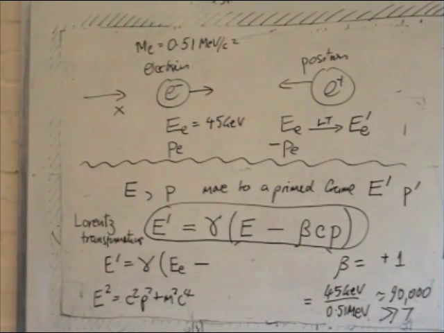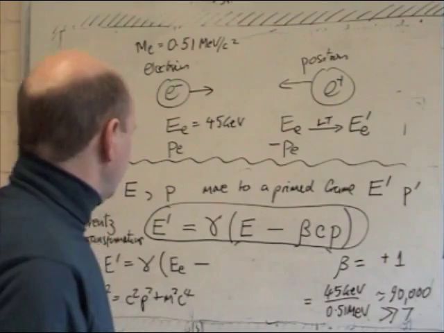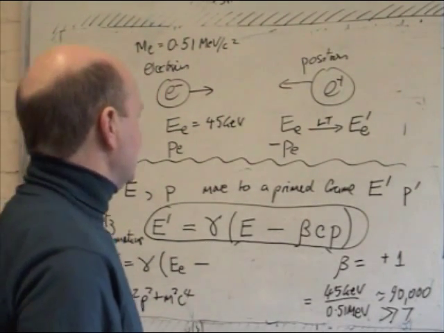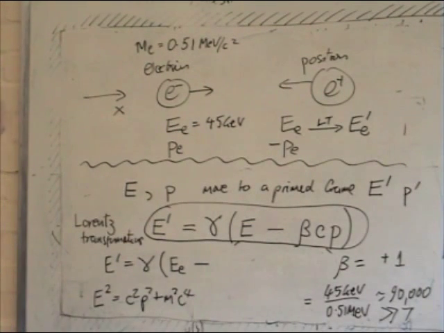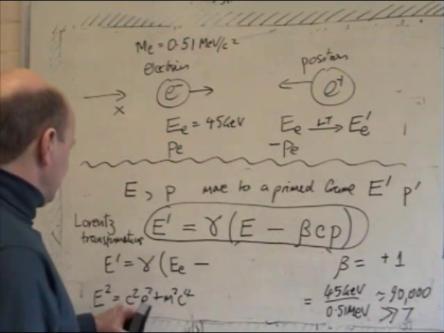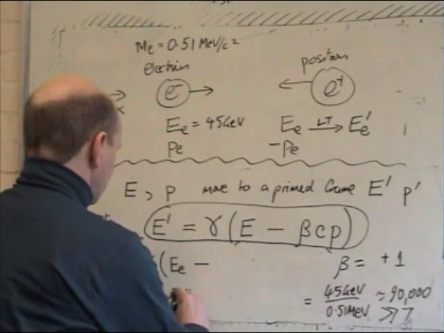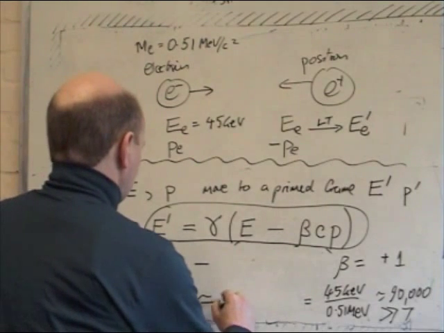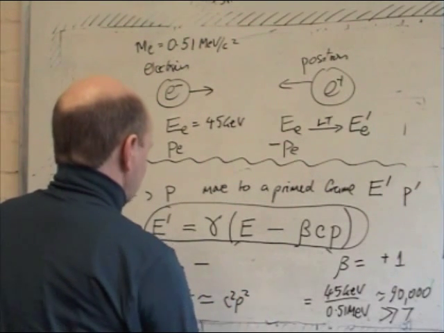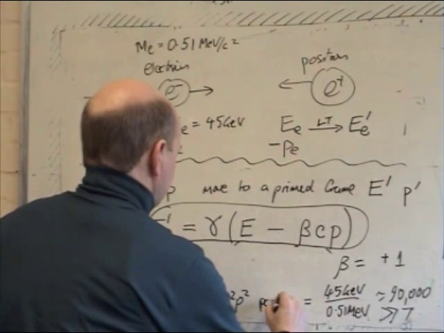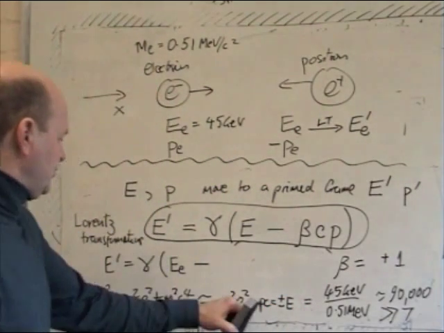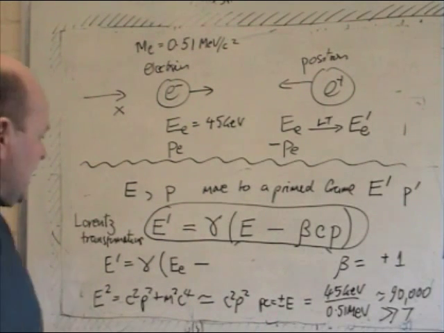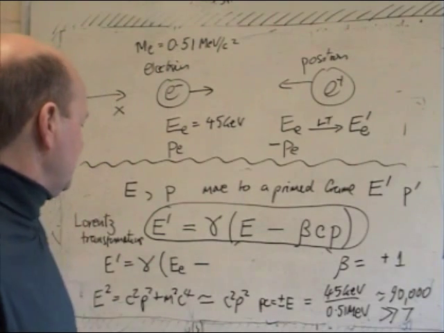But in the case where the particle is highly relativistic, which this positron certainly is, because it's got 45 GeV of energy in the centre of mass frame, that energy is dominated by its momentum, and so you can actually neglect the m squared c to the 4th term altogether and write that E squared equals c squared p squared, which means that pc is plus or minus E. And don't forget, when you take the square root of E squared equals c squared p squared, to remember that the momentum can have a negative sign, and so this plus or minus is important.